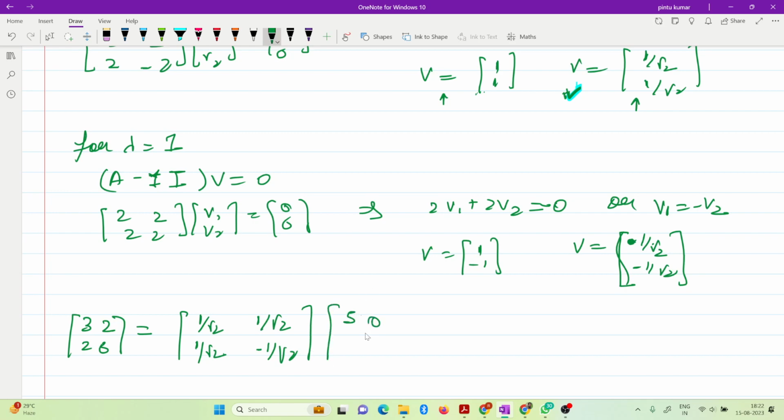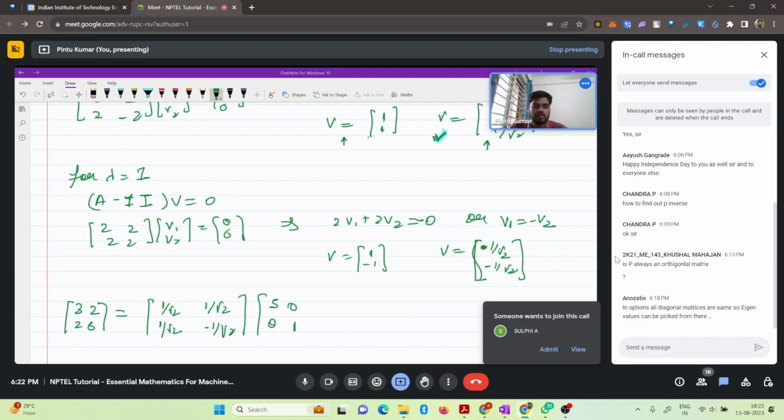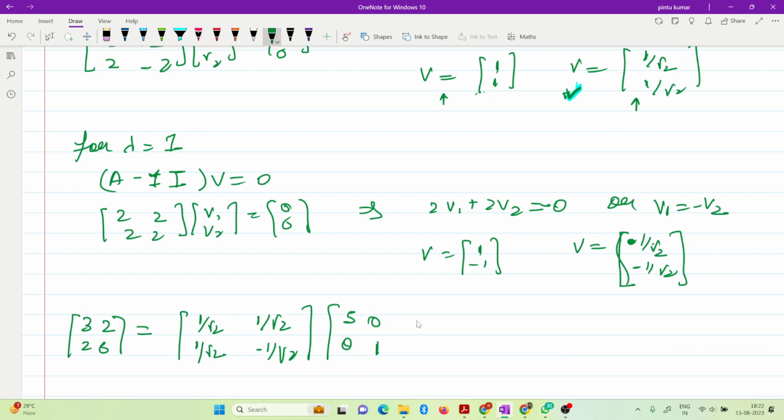Diagonal matrix is 5, 0, 0, 1. Now I want to write the inverse of this matrix. As we observed, our A matrix is already a symmetric matrix, so in order to obtain its inverse, we just need to find its transpose. So what is its transpose? This is 1 by root 2, 1 by root 2, and this is again 1 by root 2 and minus 1 by root 2.